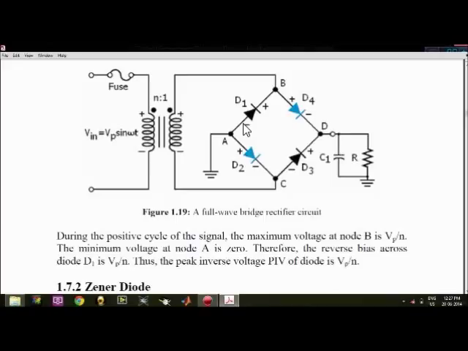Thus the peak inverse voltage is Vp by N. So the net peak inverse voltage rating of these diodes is Vp by N. This has made you quite clear about the working of the bridge circuit, that is the full wave bridge circuit.